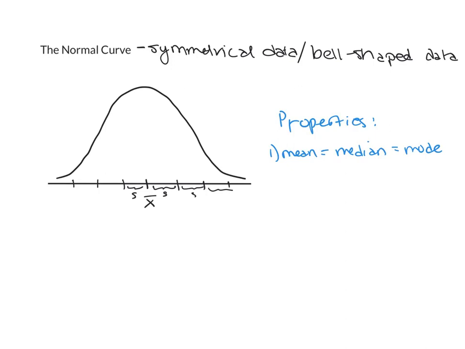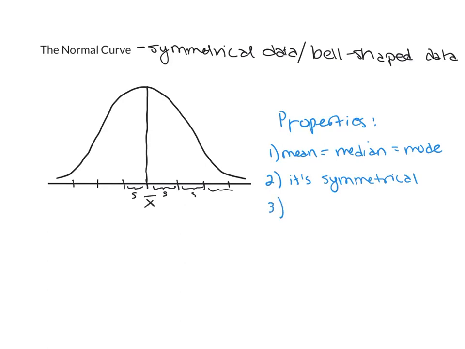Now, when I say equal, of course, that doesn't mean exact, but very close. Second, as I already mentioned, it's symmetrical. But in particular, it's symmetrical around the mean. So half of the data then is on one side of the mean, and the other half of the data is on the other side of the mean.